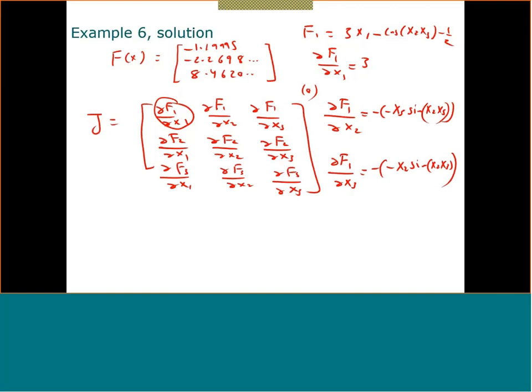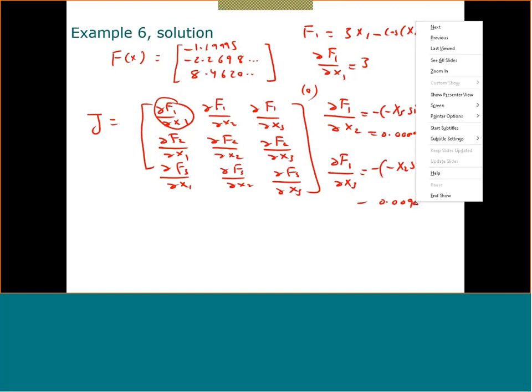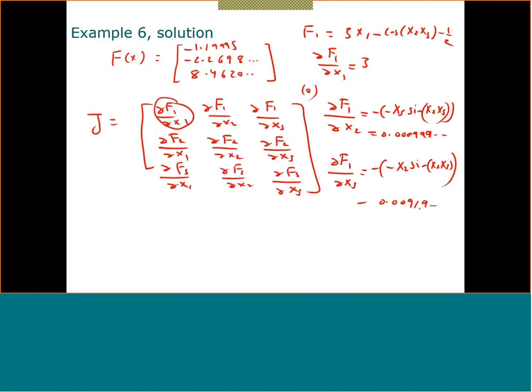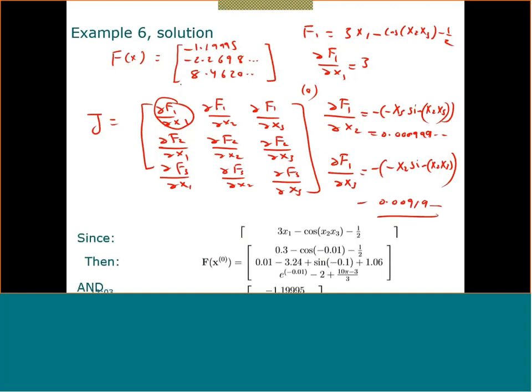So if I substitute the values, this is 3, this is equal to 0.000999 something, and this is equal to minus 0.0094 or 999, etc. Okay, so these are the values. I finish the first line, I go for the second line, and for the third line. Okay, excellent. So let me move on here.